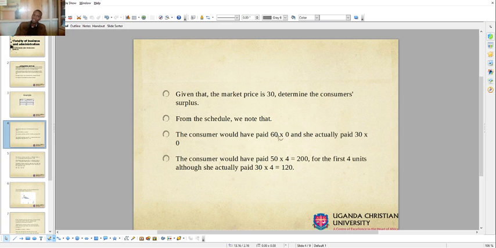The consumer would have paid 60 times 0, and actually paid 30 times 0. Recall the market price is 30. At 60, the person would get 0, so it is 0 either way.